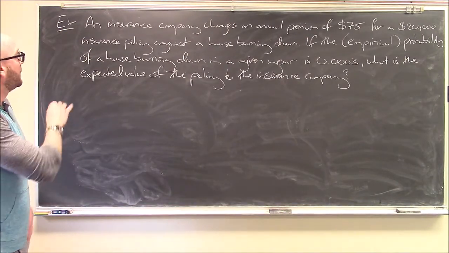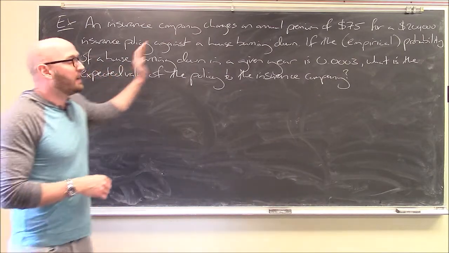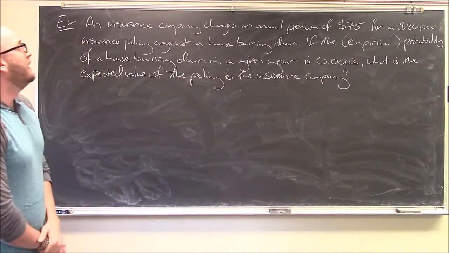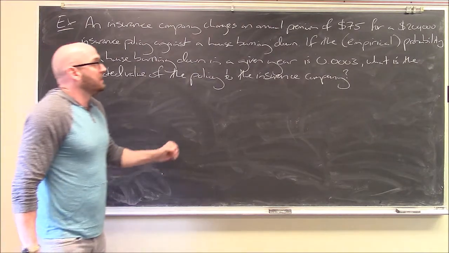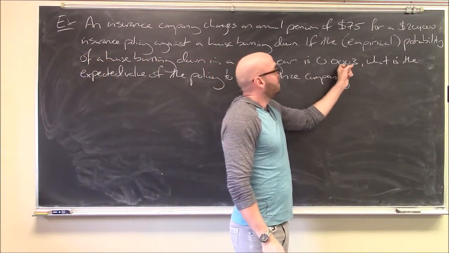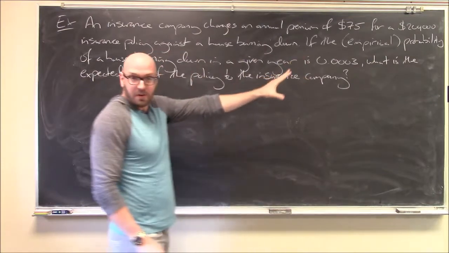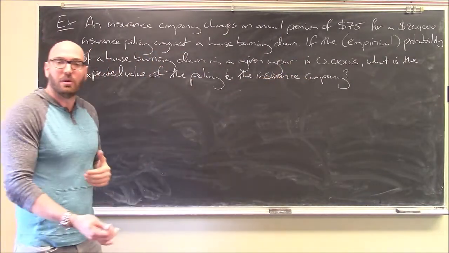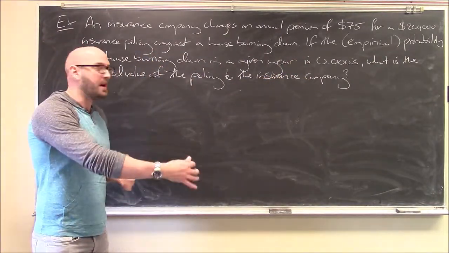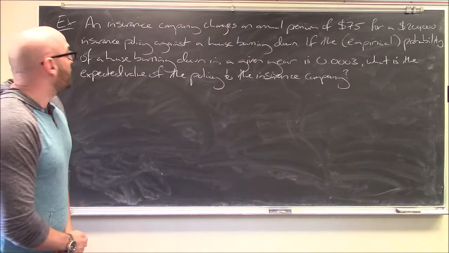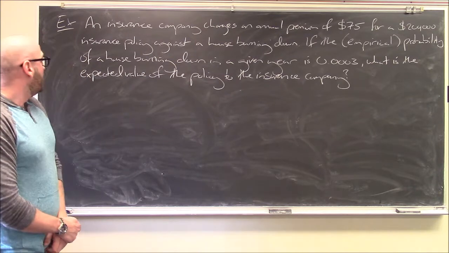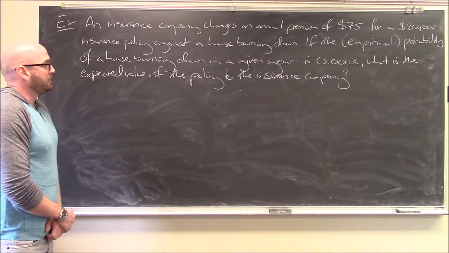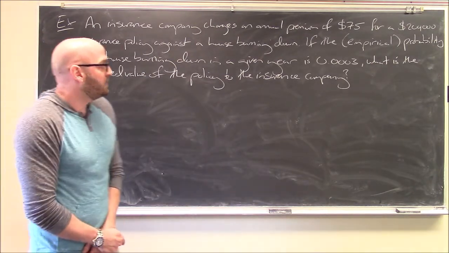So a $200,000 insurance policy against a house burning down. If the probability of a house burning down in a given year is 0.0003, of course this is an empirical probability, there's no theoretical probabilities here, this would just be measured over time in the real world. What is the expected value of the policy to the insurance company?